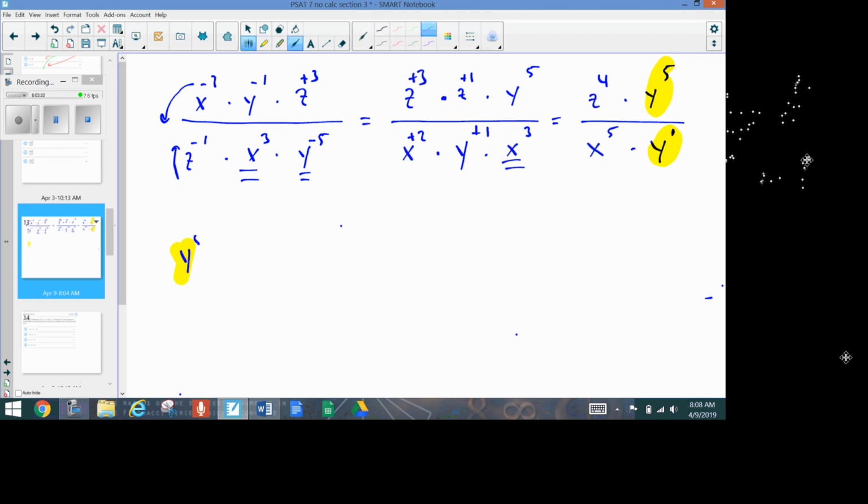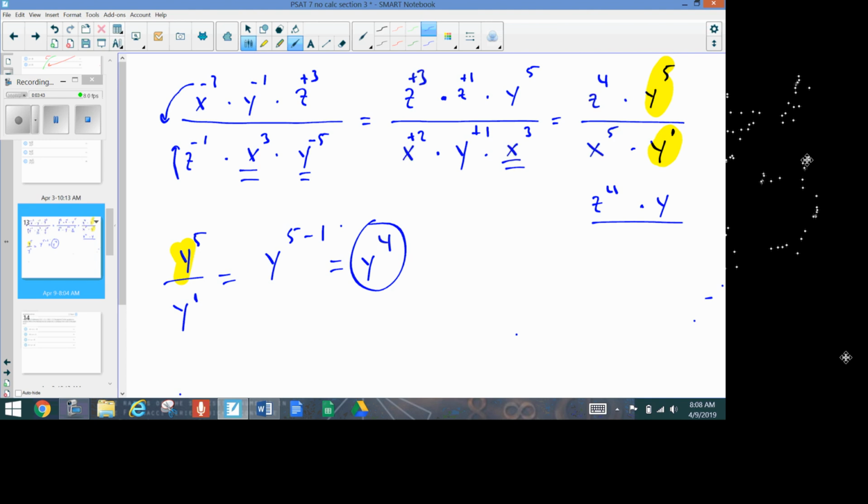Y to the power of 5 over y to the power of 1 is equal to, when the bases are the same, you subtract exponents. Y to the power of 4. So the answer is z to the power of 4 times y to the power of 4 and x to the power of 5.